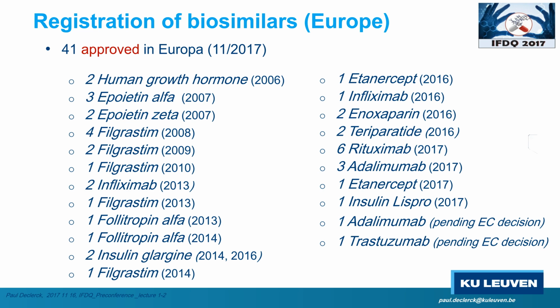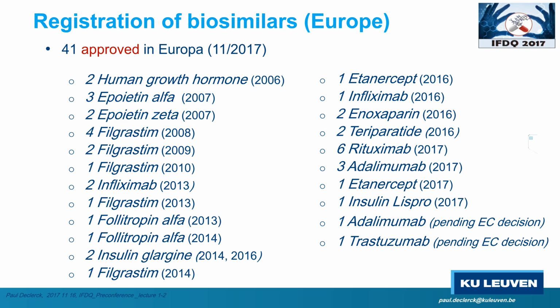Another one in 2014, which illustrates that we will have to deal in real life with different biosimilars from different sources. And this is also something that will have an impact on the floor, as we will come to later in this morning session.